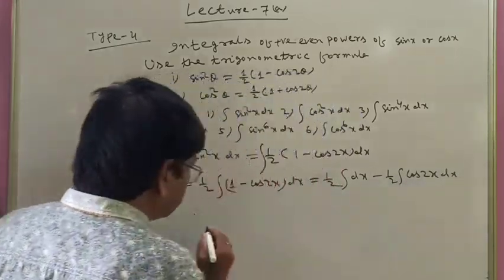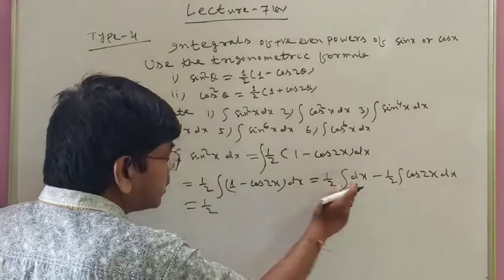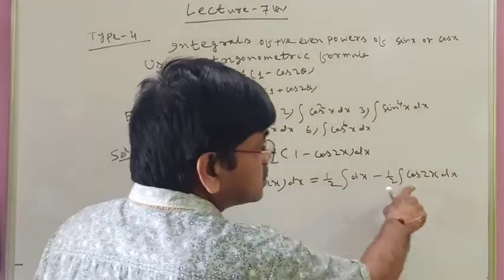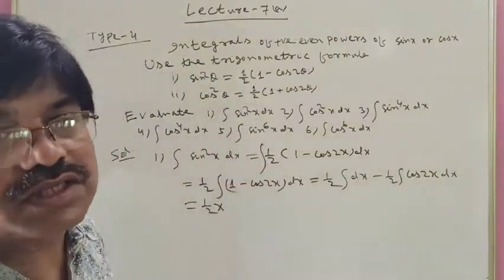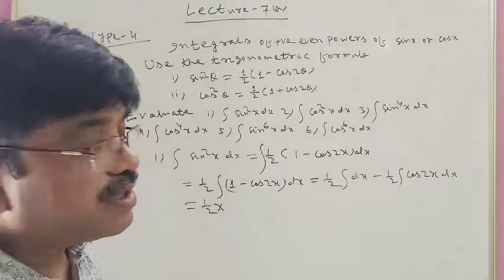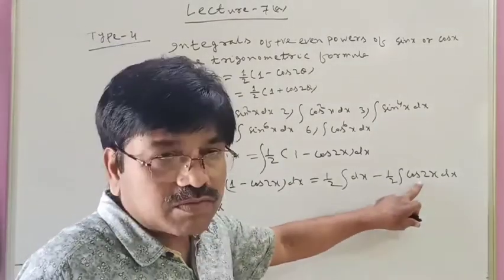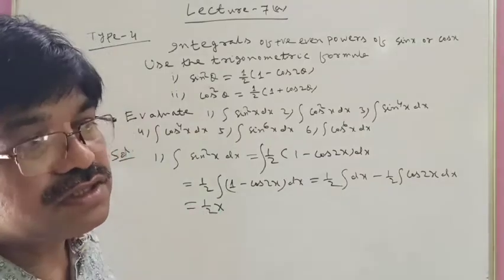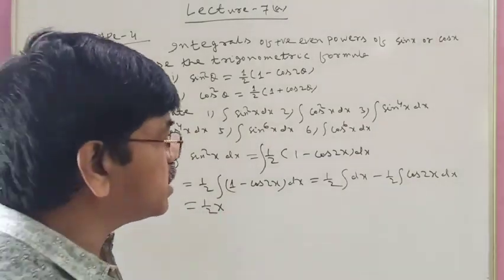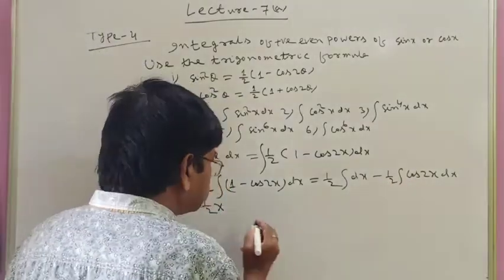So this becomes half into, integration of dx is x. Integration of cos 2x: you know integration of cos x is sin x, and I have already told you, if x is replaced by a linear expression, the formula is the same, but extra it will come outside: you have to multiply 1 by the coefficient of x. Here x is replaced by 2x, so the coefficient of x is 2.